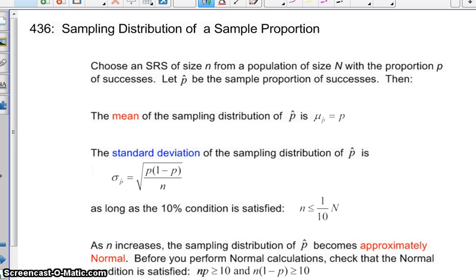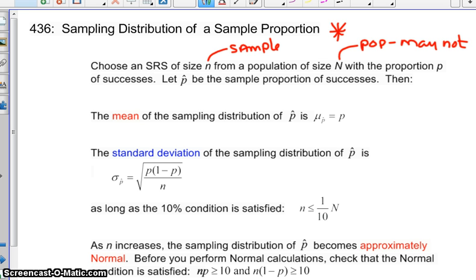Okay, this is the biggest thing that you have to have out of this section. If I were to choose a simple random sample of some size n from a population of size big N, so little n is sample size, big N is population size.